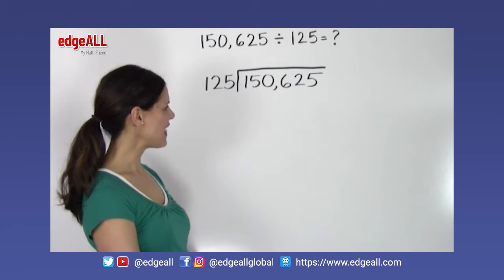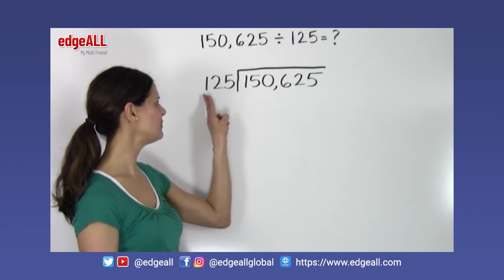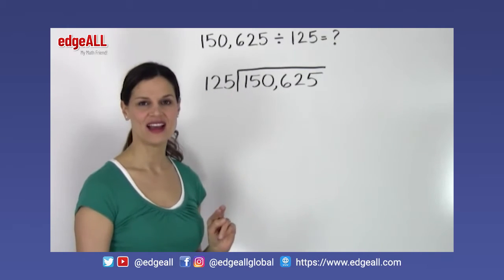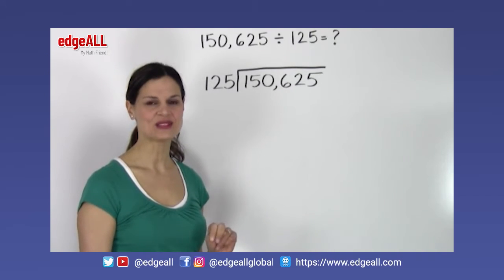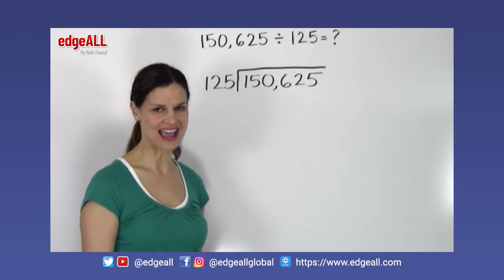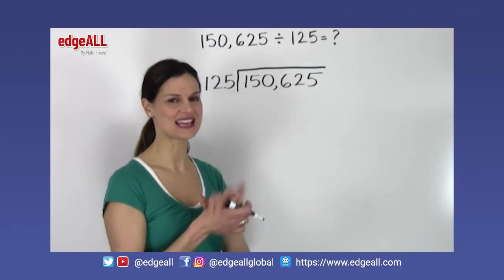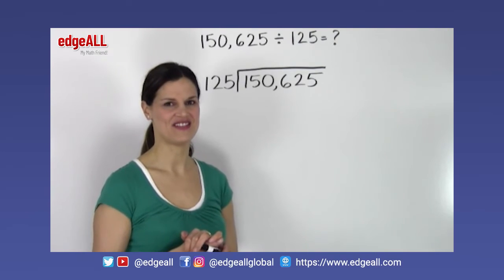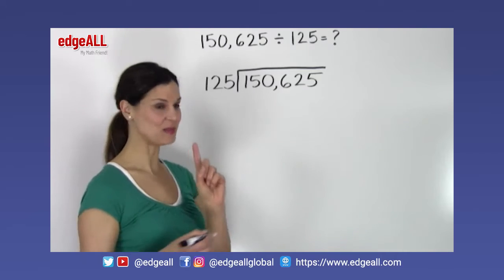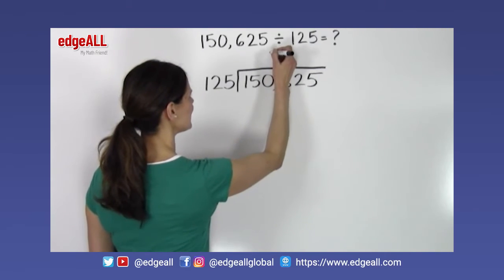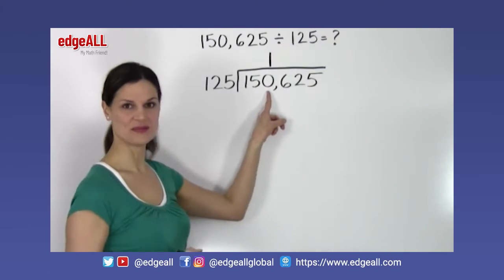So let's begin with that first calculation. We have 150 divided by 125, or what is the largest whole number that I can multiply 125 by to get an answer that's less than or equal to, and as close as I can be, to 150. The answer in this case is 1, and so I put that 1 right here above the 0.